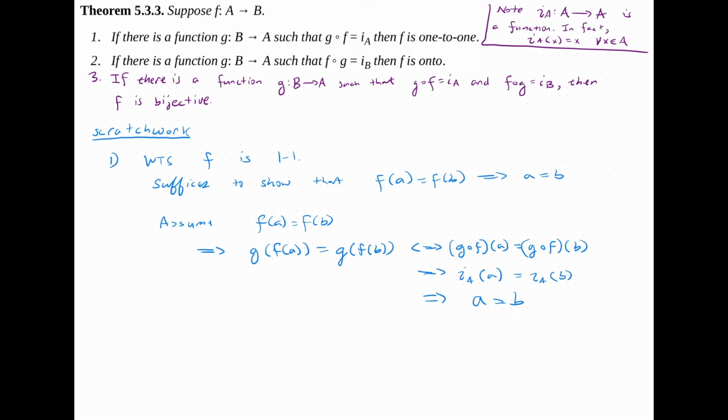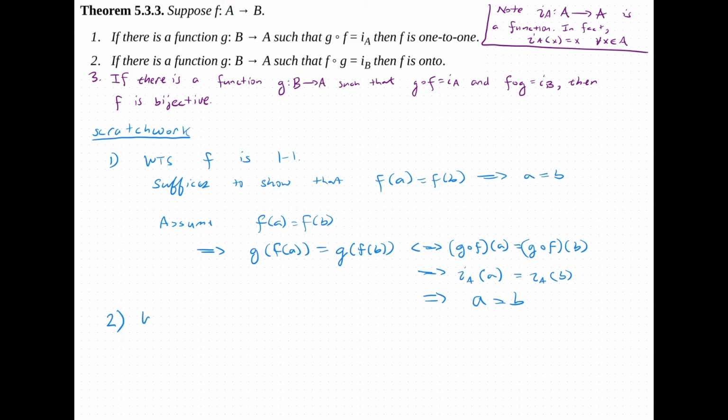So let's go ahead and do the scratch work for the second statement. So now we want to prove that f is onto. So to prove that f is onto, we need to take an element in B and exhibit that there is a value in A that maps to it.